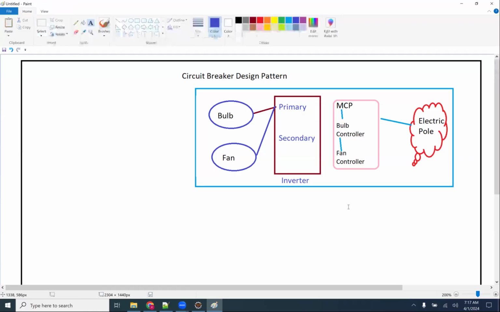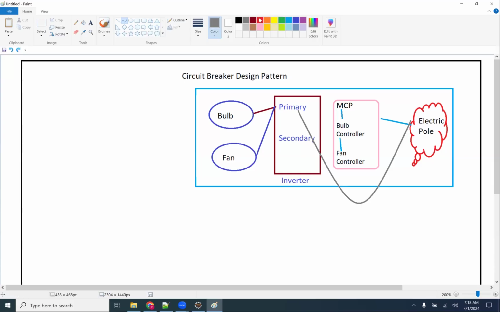So, by default, what exactly is the logic? The inverter's primary path is always to take from the electric pole itself. That's a primary path, always.